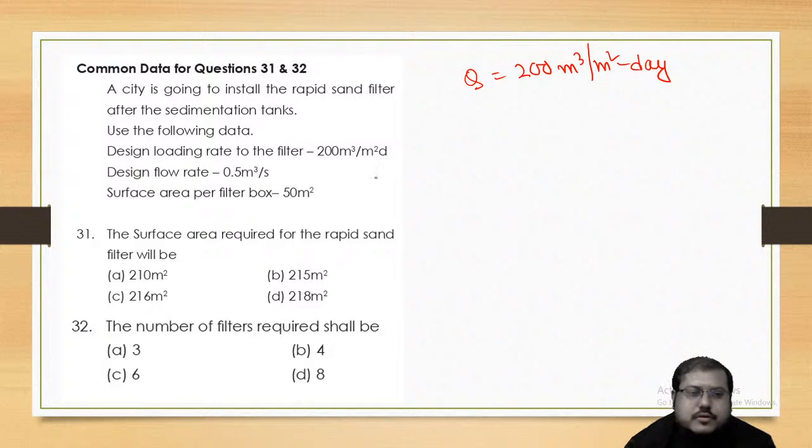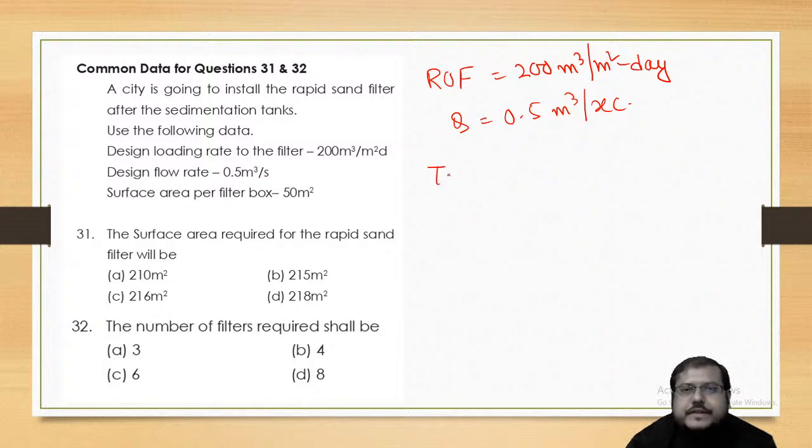It's again mistaken. It's ROF. Q is 0.5 meter cube per second.